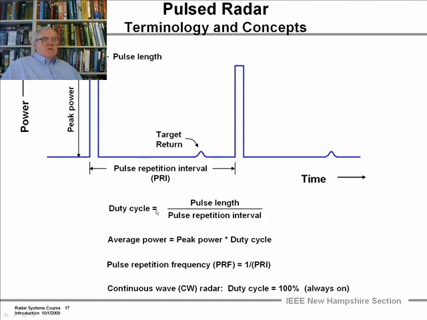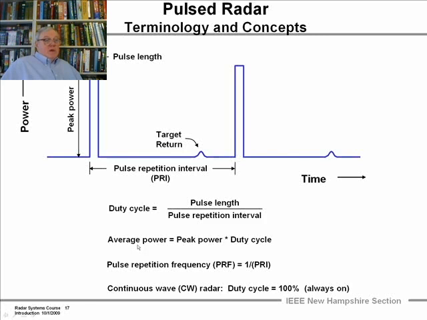The duty cycle is a measure, in an average sense, of how much of the time you're turned on and turned off. So it's the pulse width divided by the pulse repetition interval. It says that on average the transmitter is turned on that fraction of the time.